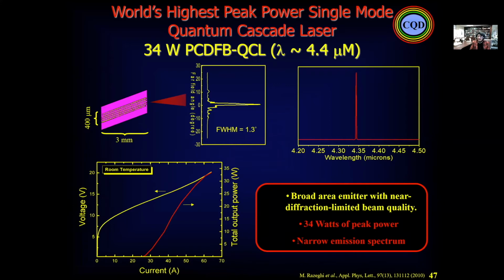We made the photonic crystal distributed feedback at 4.4 micron, with 34 watts broad area emitter with near diffraction limited beam quality, 34 watts of peak power with narrow emission spectra, far field and emitting spectra. But making photonic crystals is very difficult, so we tried to make it much simpler.